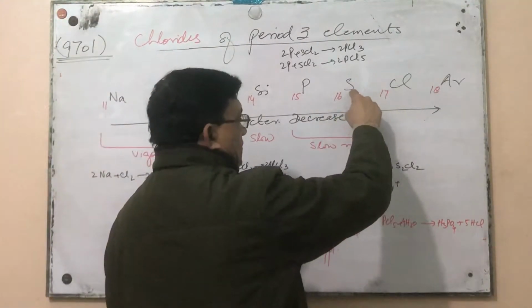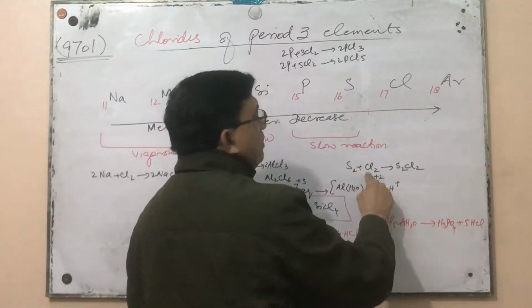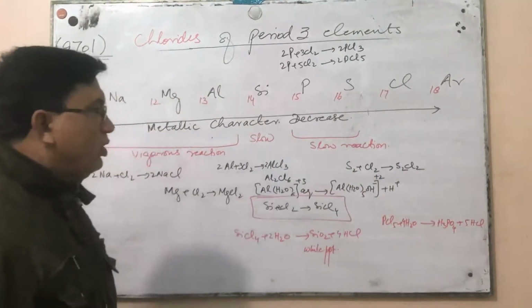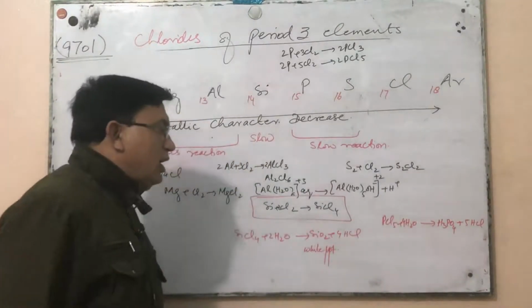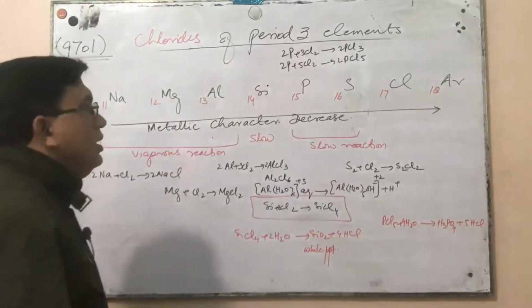Similarly, sulfur reacts with chlorine producing sulfur monochloride. This is also a compound, but it is not very stable.